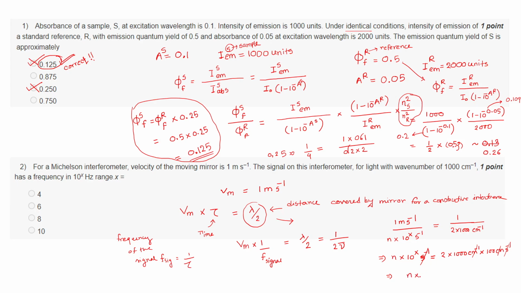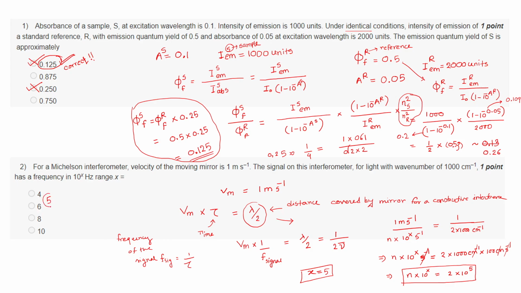So actually 10 to the power x, that is 2 into 10 to the power 5, you can see, right? So actually your x is 5, but your answer is given as 6 or 4. I think it is given as 4 maybe, right? But actually you can see the 5 is not here.